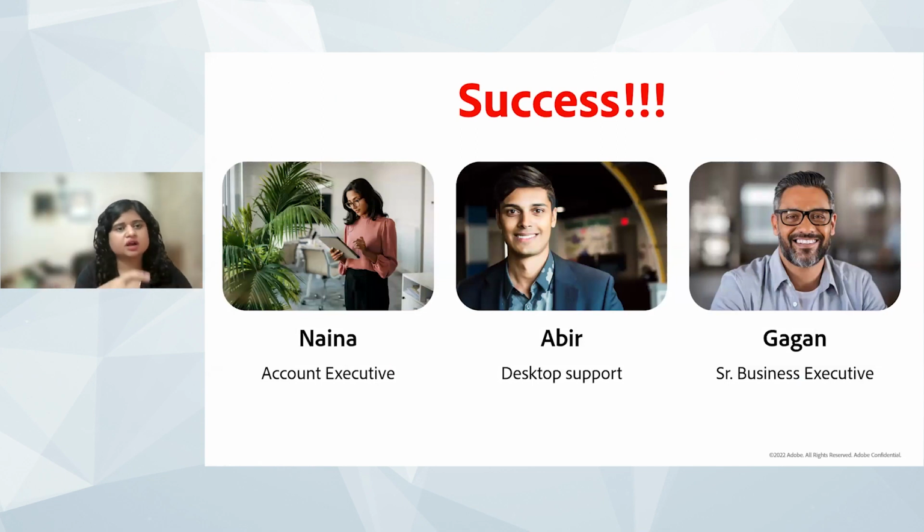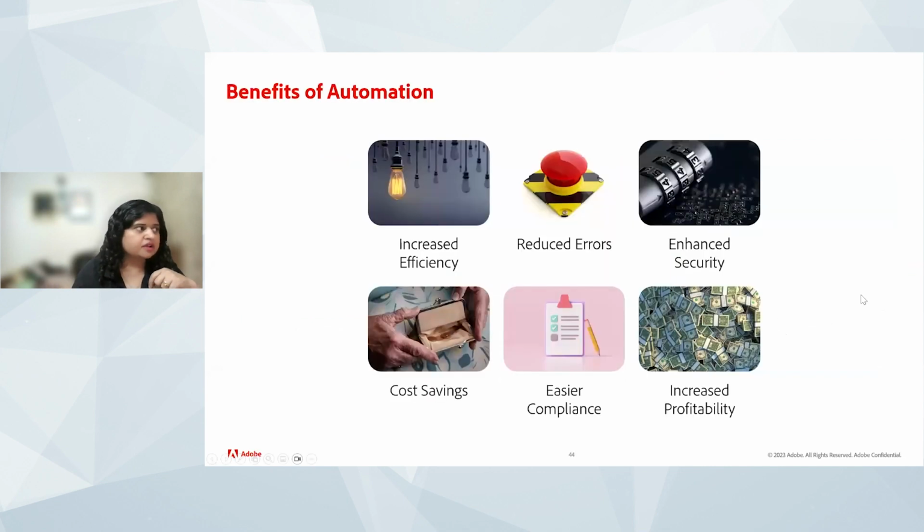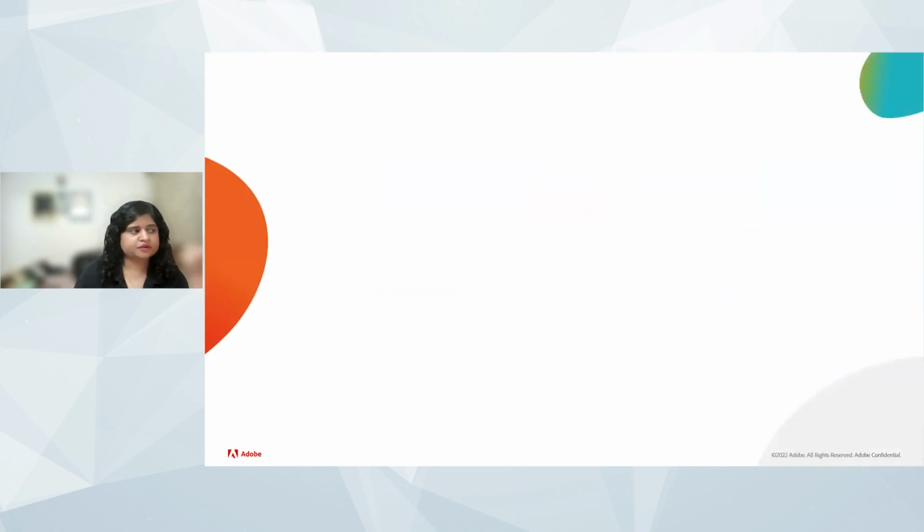With Adobe Document Cloud, they can hope to achieve success in their roles and show a better way to manage and read documents. With this automation, you'll be able to see increased efficiency, reduced errors, improved security, cost savings, ensured compliance, and increased profitability.